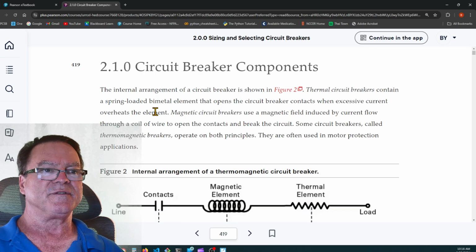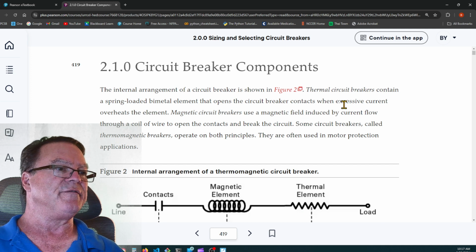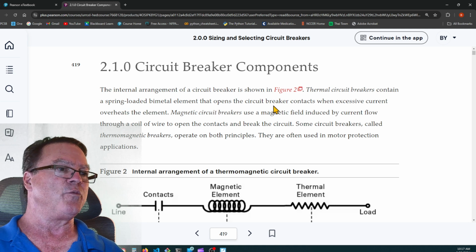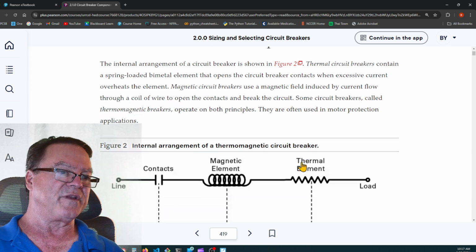Circuit breaker components. The internal arrangement of a circuit breaker is shown in Figure 2. The thermal circuit breaker contains a spring-loaded bimetal element that opens the circuit breaker contacts when excessive current overheats the element. The magnetic circuit breaker uses a magnetic field induced by current flow through a coil of wire to open the contacts and break the circuit.